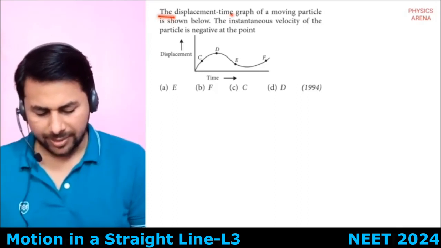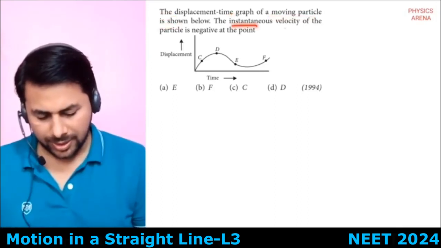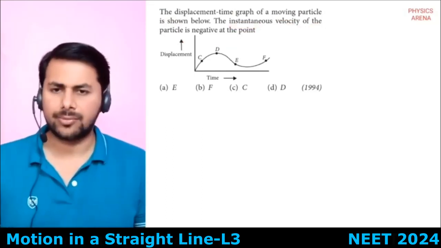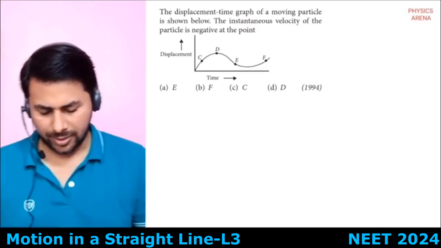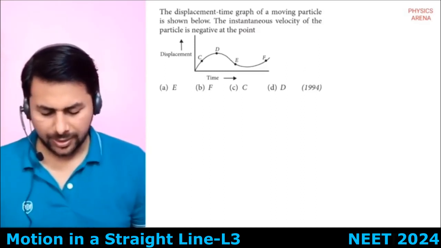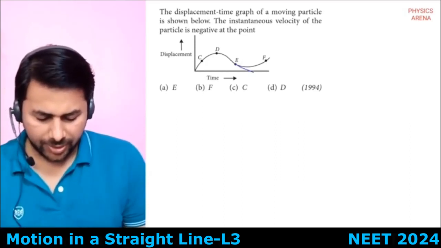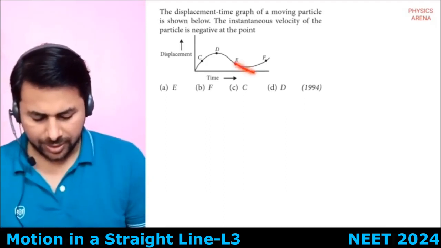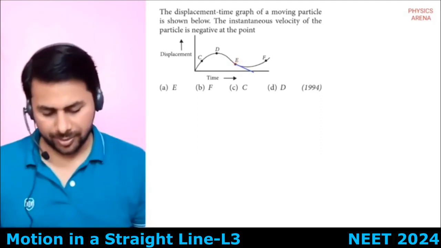The displacement time graph of a moving particle is shown below. The instantaneous velocity of the particle is negative at the point. Option A, sir. Okay, it is option A, right? To find instantaneous velocity, you will draw a tangent to the curve, and the tangent to the curve at E has a negative slope.